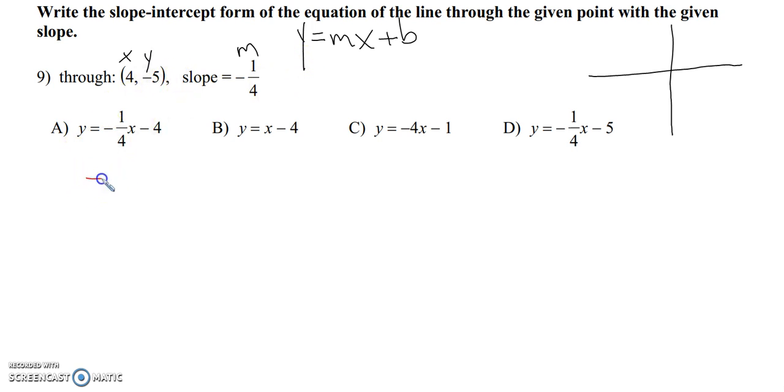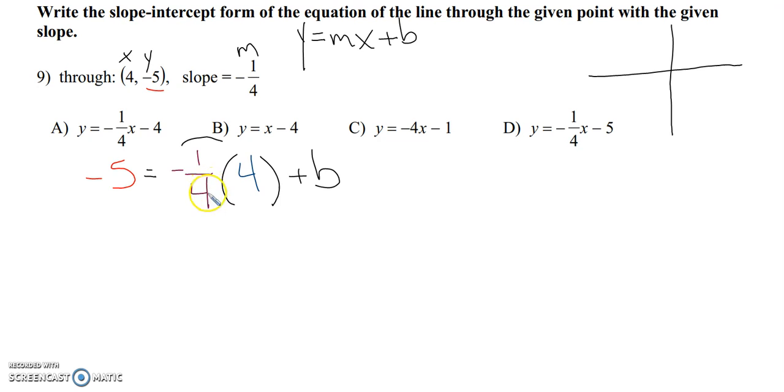So we have -5, our slope is -1/4, and we have an x value of 4. So now we only have one variable to solve for.